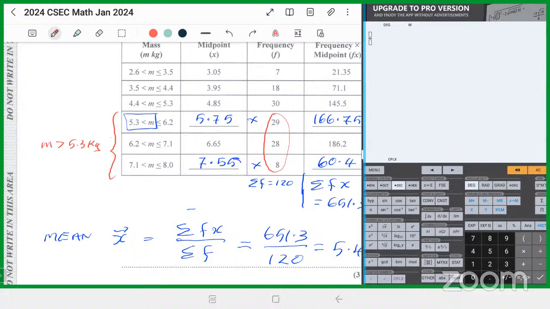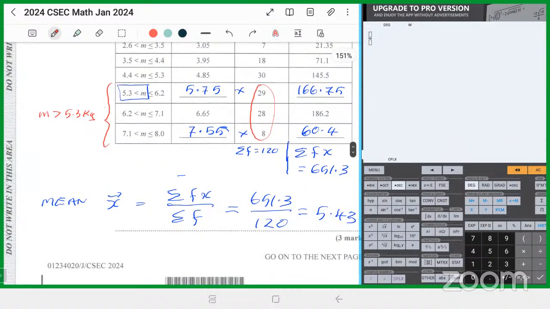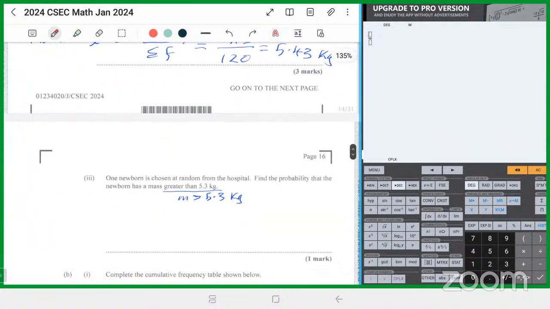This probability of the mass being greater than 5.3 kilograms is the 29, the 28, and the 8 divided by the total number of babies, which is 120.